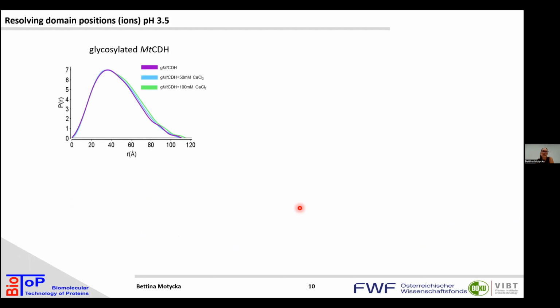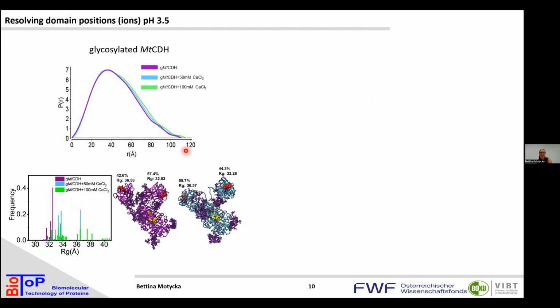And the results are shown here, where you can see again in purple the curve of pH 3.5, and in light blue and green the measurements. And you see barely any differences. These small differences could be due to the glycans, as the glycans also have a different behavior upon adding calcium.